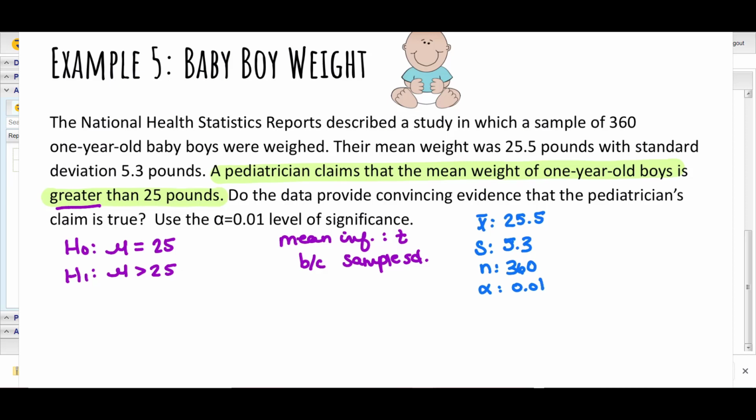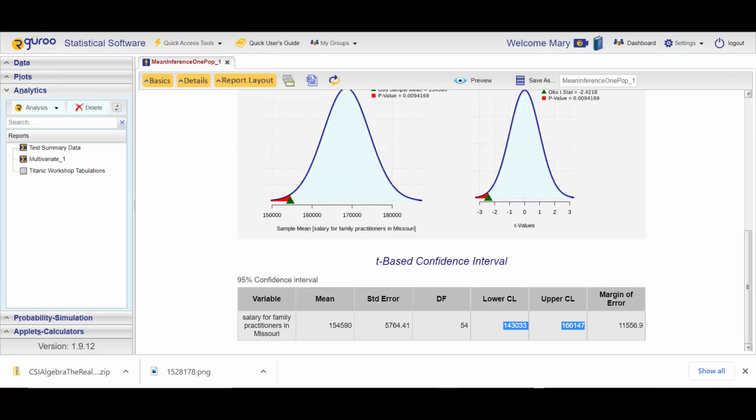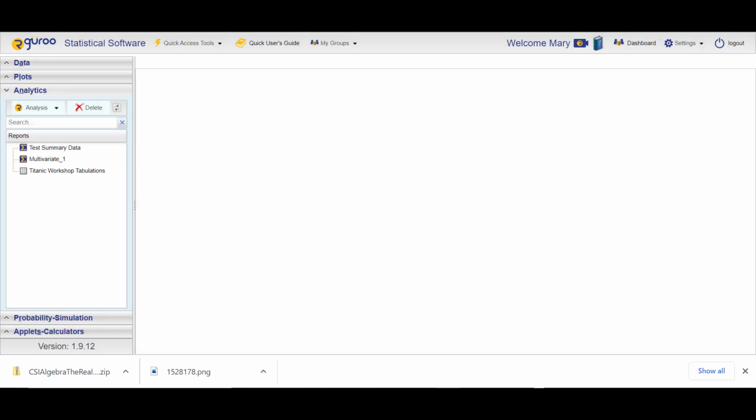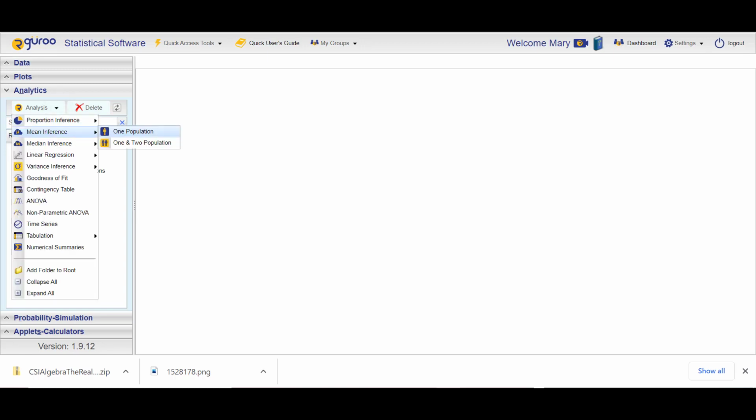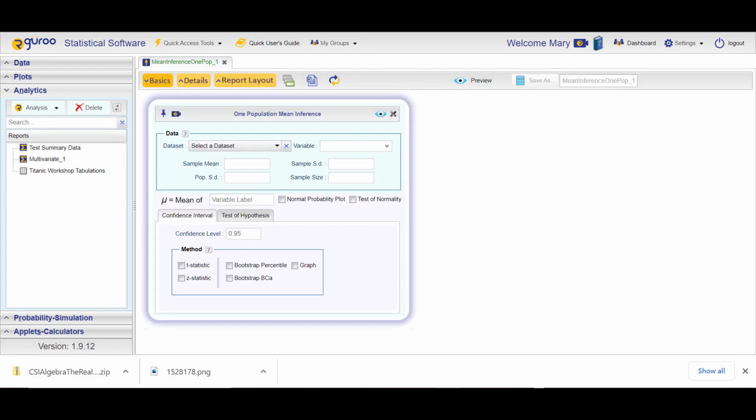So we can go back over here and go to analysis, mean inference, one population. And our sample mean was 25.5. Our sample standard deviation is 5.3.